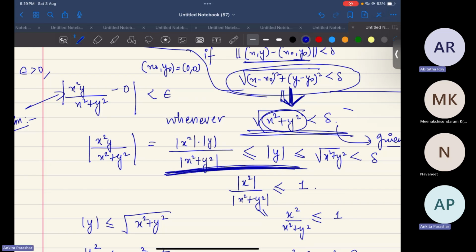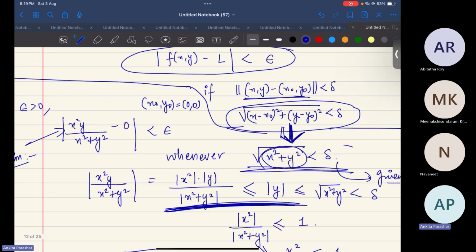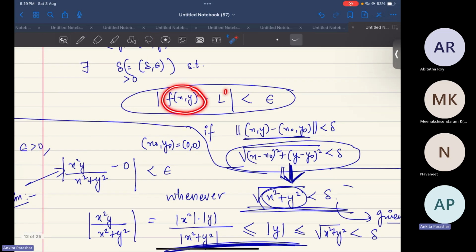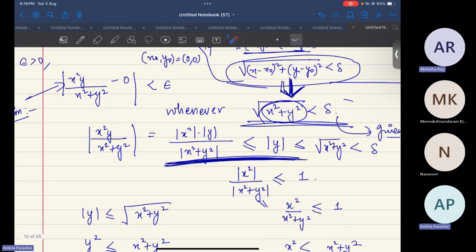Yes, we can, because delta is also very small enough. What we are saying is, whenever the distance between the two points is less than a very small number delta, then the distance of the function value from L has to be even less than epsilon. So delta will work as epsilon very well because it is also a small positive number.